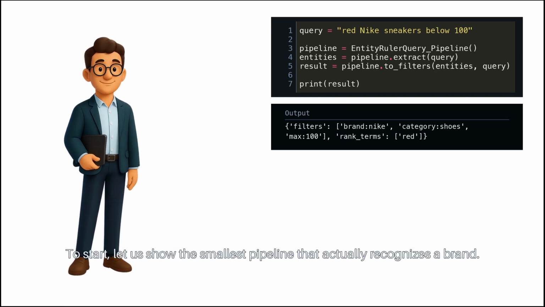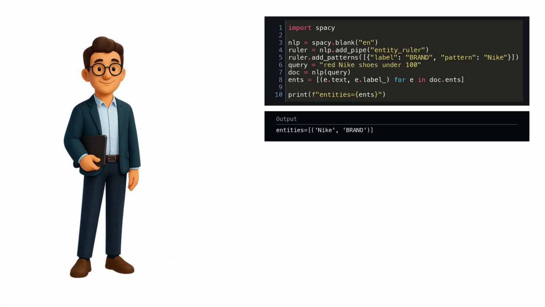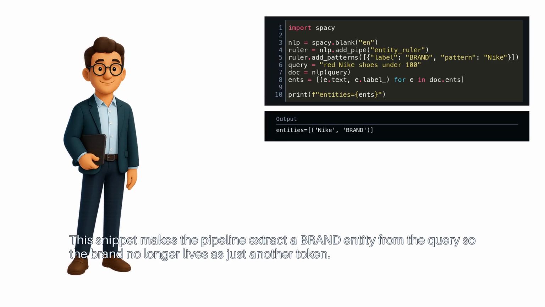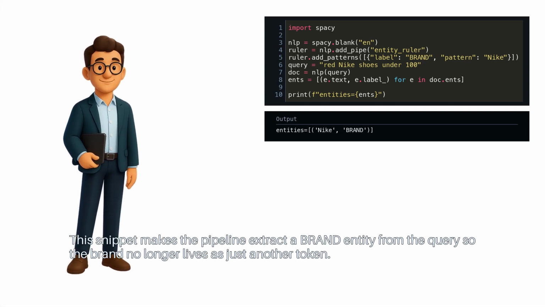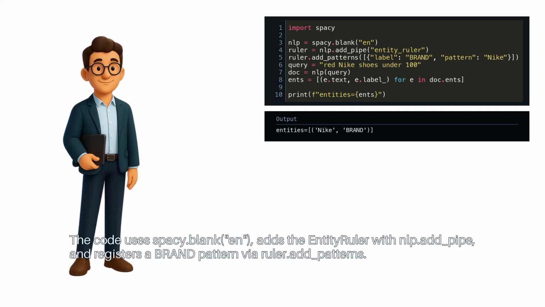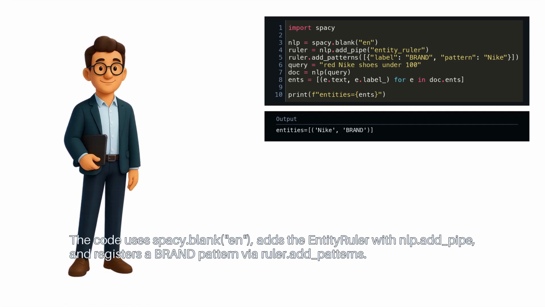To start, let us show the smallest pipeline that actually recognizes a brand. This snippet makes the pipeline extract a brand entity from the query, so the brand no longer lives as just another token. The code uses spacy.blank("en"), adds the EntityRuler with nlp.add_pipe, and registers a brand pattern via ruler.add_patterns.